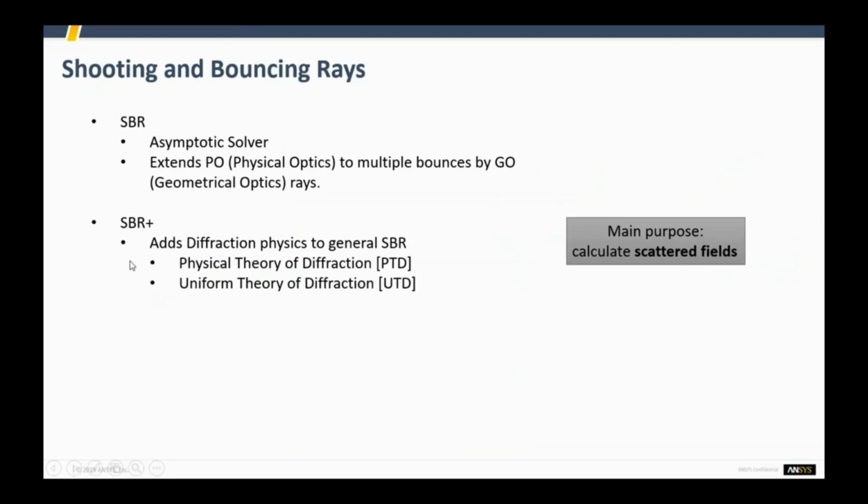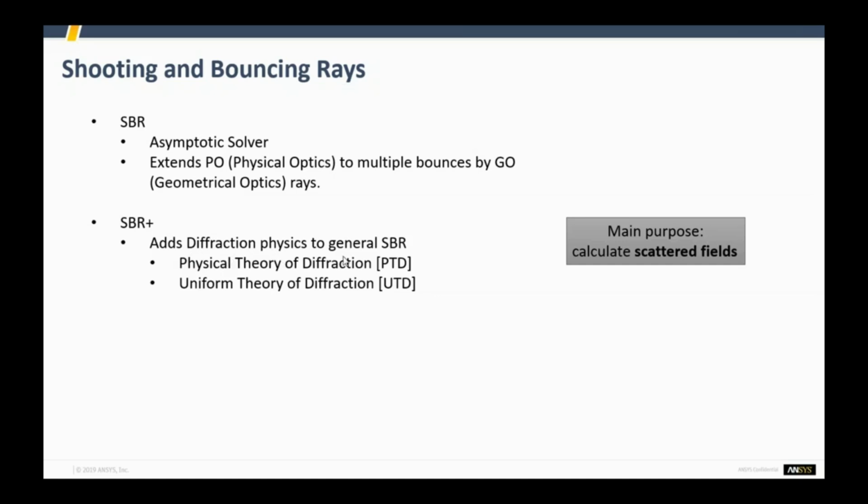So a quick overview of what an SBR solver is. First of all, SBR stands for shooting and bouncing rays. It's an asymptotic solver. It extends physical optics to multiple bounces by geometrical optics rays, and then Ansys has extended the traditional SBR definition to SBR Plus, which adds two extra features.